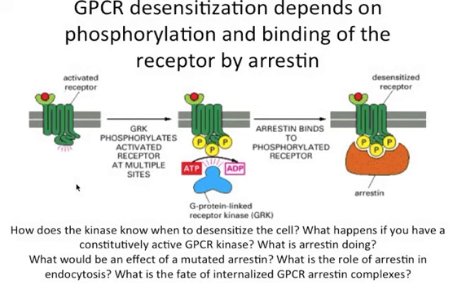Probably not. So you have your activated receptor, and then you'll get phosphorylation by a GPCR kinase, and that will result in creating a binding site for arrestin. So whenever you have phosphorylation, you're usually creating binding sites for recruitment of other proteins. And so if you have arrestin bound right here, can you interact at all with your G protein?